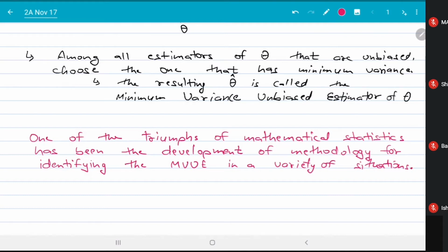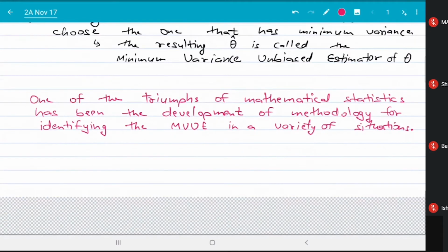Okay, so now we have a lot of ways, theoretically, to find the minimum variance unbiased estimator.